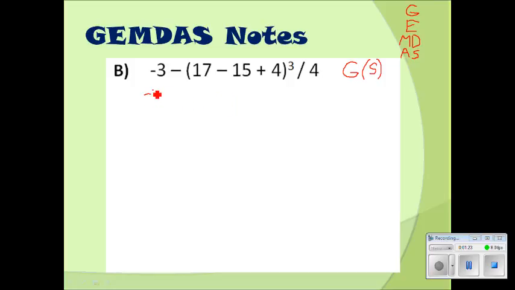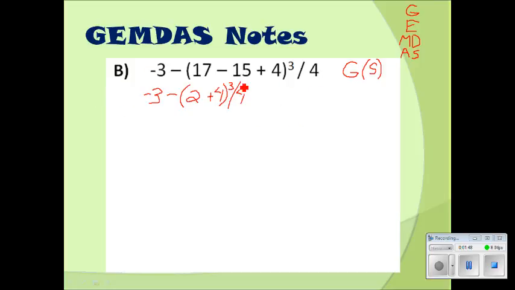So my first step gives me a negative 3 minus the quantity. 17 minus 15 is a 2. I still have my plus 4. Close my parentheses to the third power divided by 4. This is a complicated one.